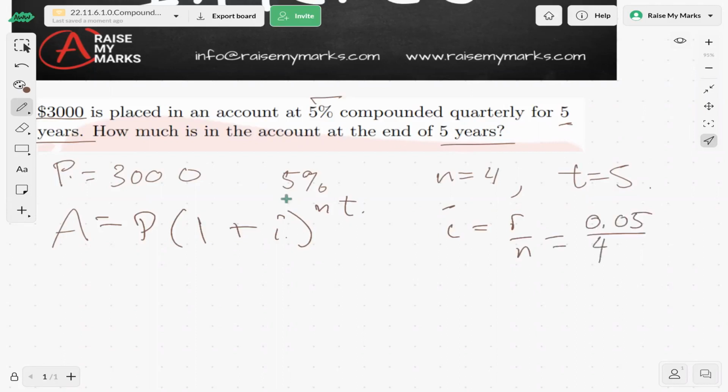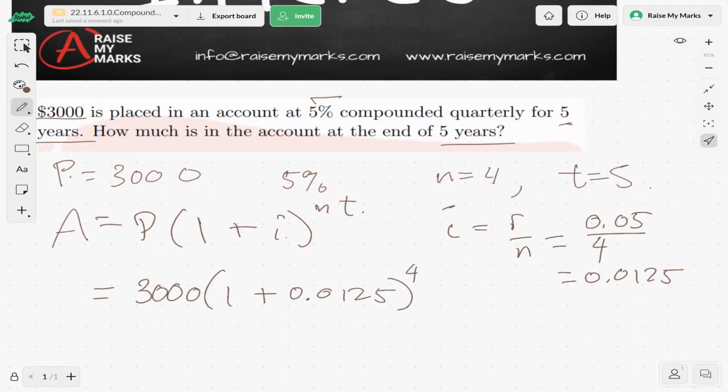We can punch that into our calculator, and we get I equals 0.0125. Let's plug everything in. Our principal is 3,000, times 1 plus 0.0125. N is 4, T is 5.